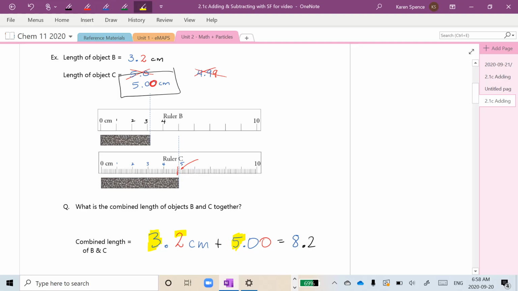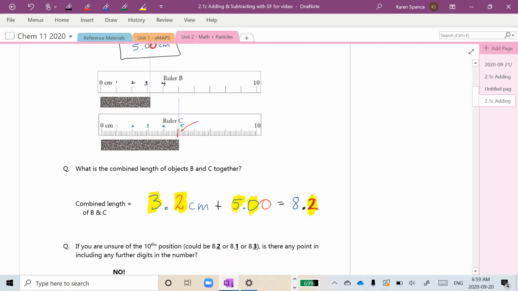Well, if I look here, my 2 is red, so that is uncertain. And even though my 0 here is certain, if I'm uncertain about the 2, that makes this digit uncertain. So we are going to say that our 2 is our uncertain digit. And so we're just going to leave it as that.